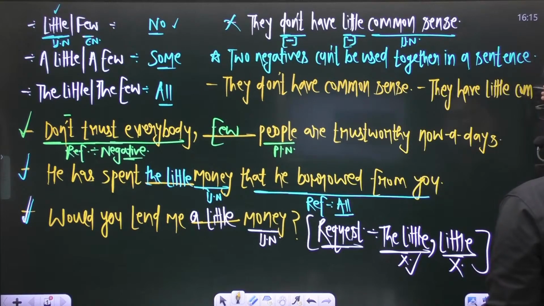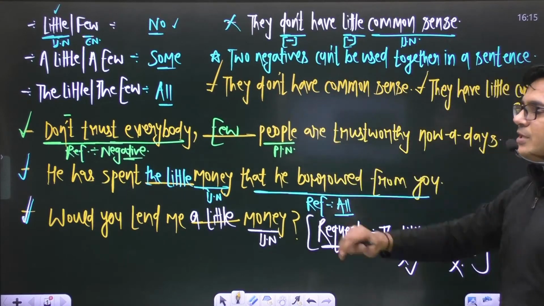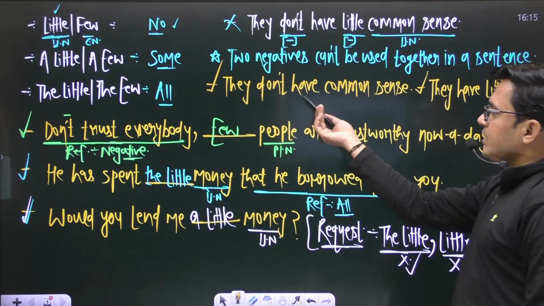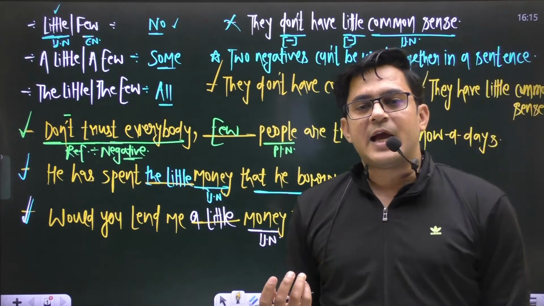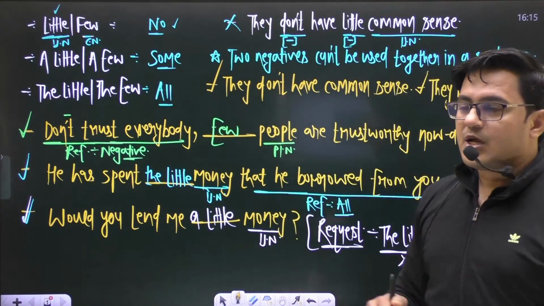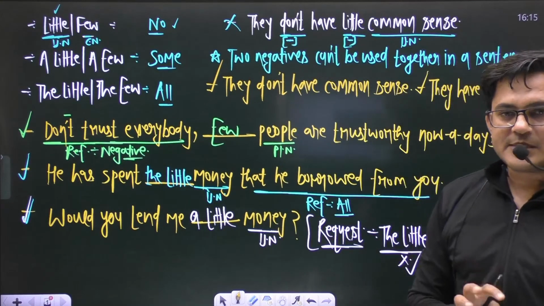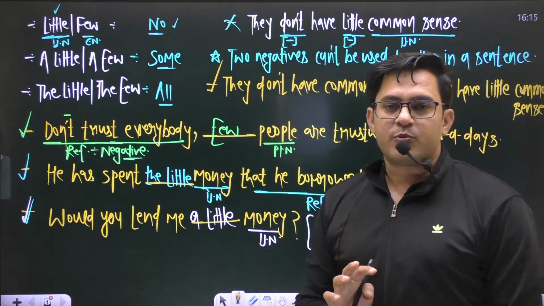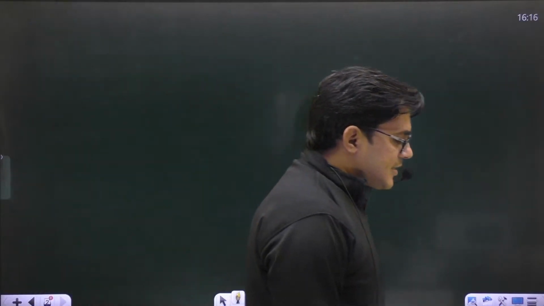You can make both sentences by using such a method. The reason is that two negatives cannot be used together in a sentence. Are you getting my point? So let us move to the next slide and discuss some more sentences.